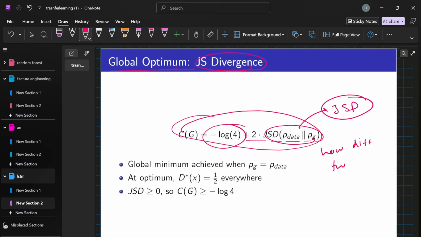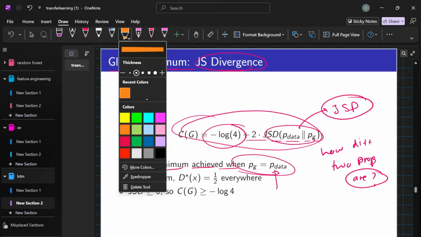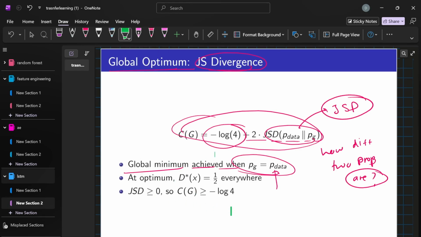It's always greater than or equal to 0, and it's 0 exactly when the two distributions are identical. So what does this tell us? The global minimum of the GAN game happens exactly when p_g equals p_data, meaning the generator has learned to perfectly match the real data distribution. At that point, the discriminator can't tell real from fake at all. So D star outputs exactly one half everywhere. It's literally just guessing, the theoretical win condition for the GAN.